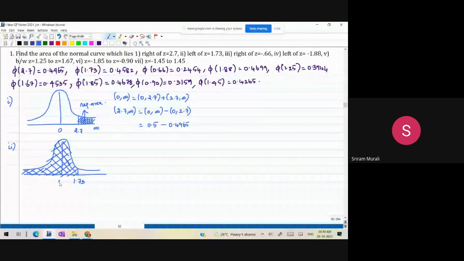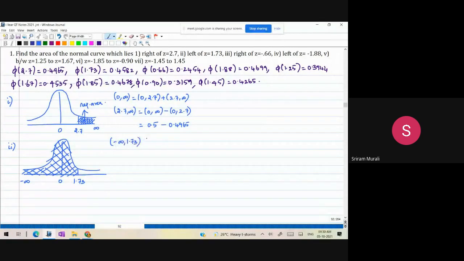This is minus infinity. Minus infinity to 1.73 can be taken as minus infinity to 0 plus 0 to 1.73. So I take 0.5 plus 0 to 1.73, which is 0.4582. So this is equal to 0.9582.